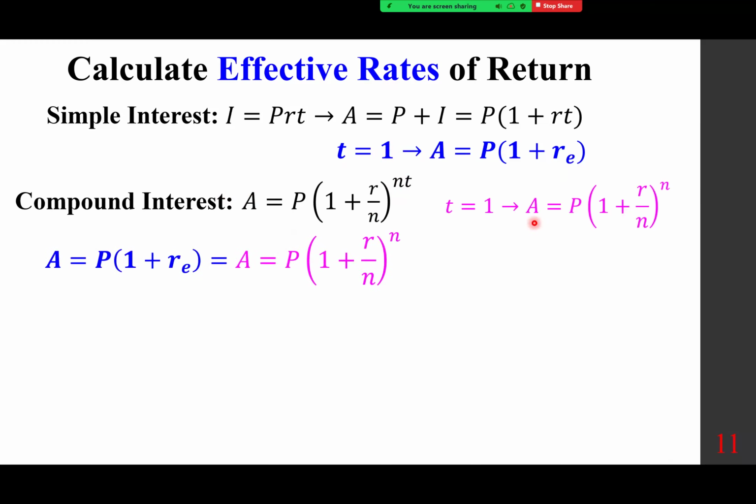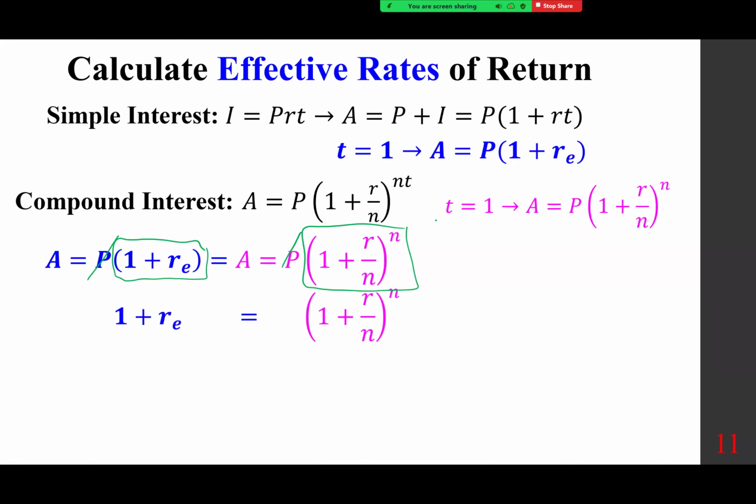So when you set them equal, I want you to look at this part and this part. Never mind, they're all A. So I can get rid of P. This is the left side, this is the right side, they must be equal.